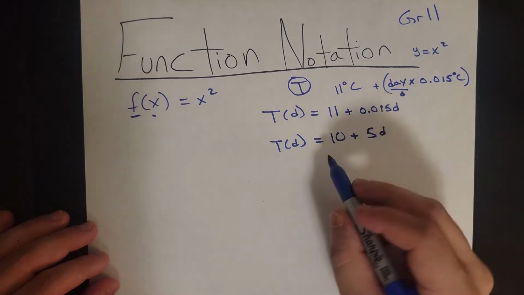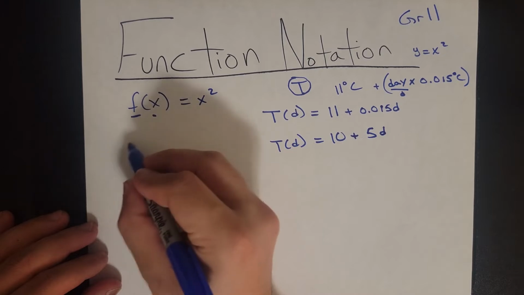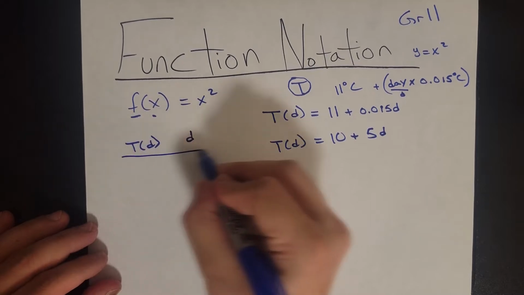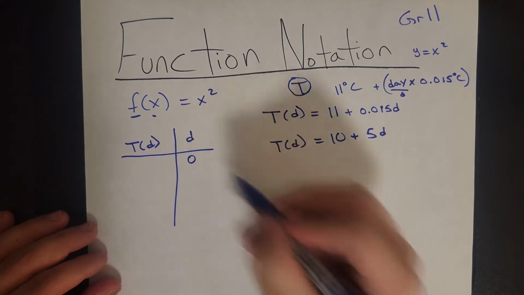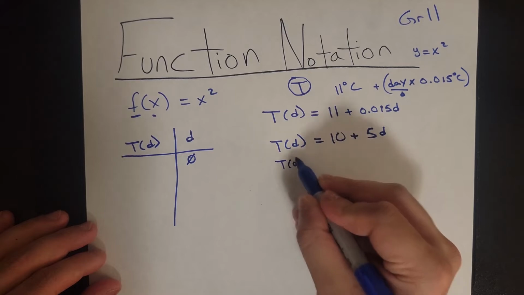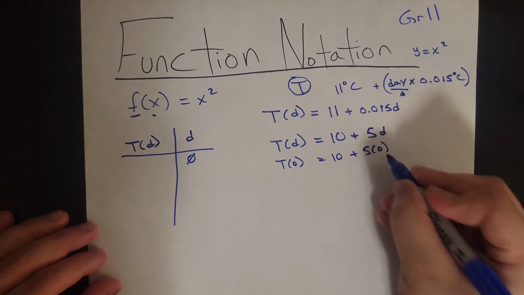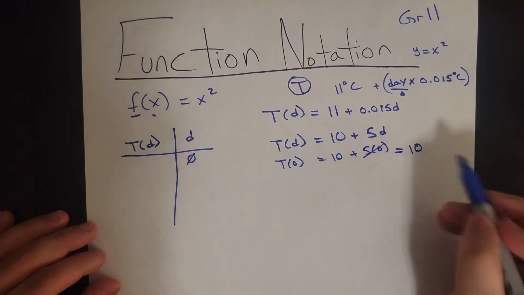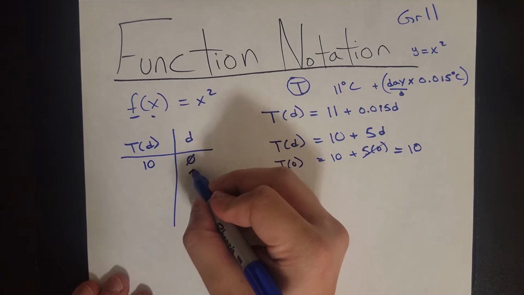We can say that, okay, if this is the function for temperature, let's say temperature T, and let's say on day 0, let's put that in. T of 0 is equal to 10 plus 5 times 0. 5 times 0 is 0, so it's just 10. So now let's do 1.